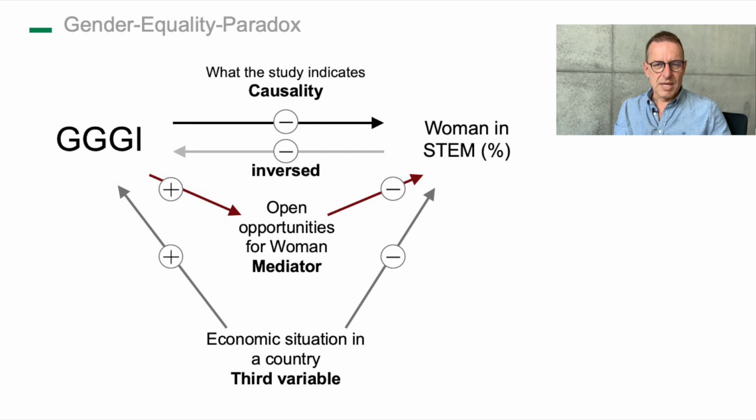So the economic situation in a country might really be a third variable. Okay, it could also be that the global gender gap index leads to more open opportunities for women, and I mean that's pretty much the same, and that somehow affects that fewer women go for engineering, because they prefer it, as I just outlined. Okay, so it's complex.